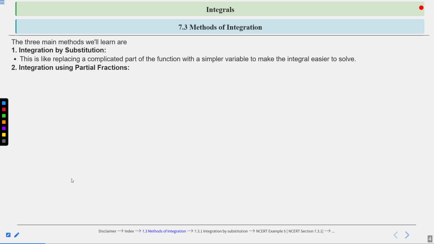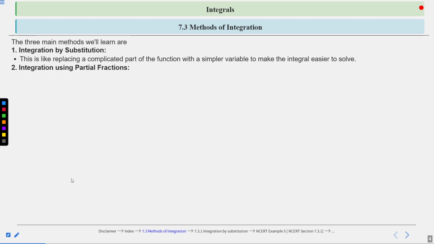Now second, integration using partial fractions. Suppose we have a fractional function f(x) as p(x) upon q(x), and it is not in integrable form.